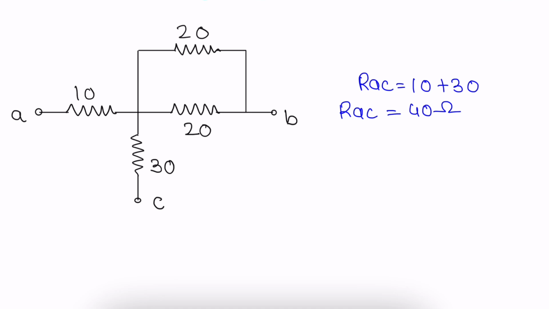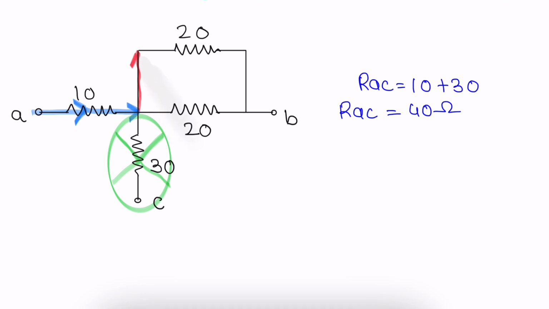Let us quickly see what will happen if you find RAB. Now you must have understood, when you find RAB, this component will not come into the picture. Why? Because the current will start at point A, come over here, and get divided into two parts.